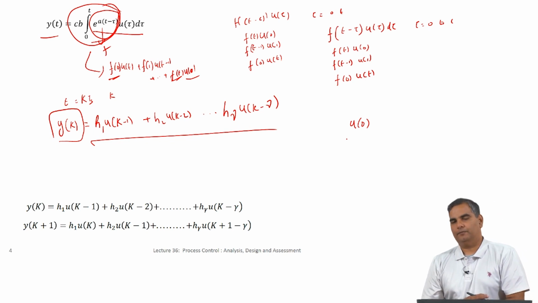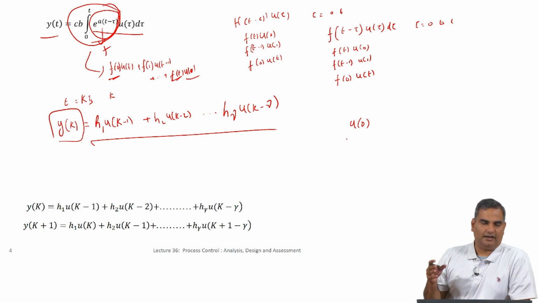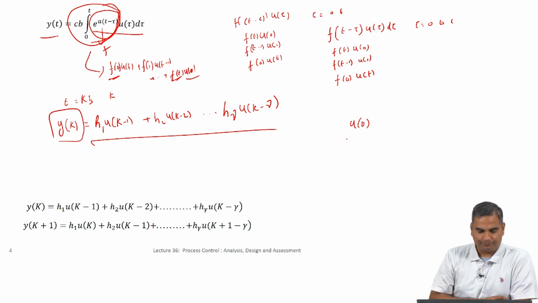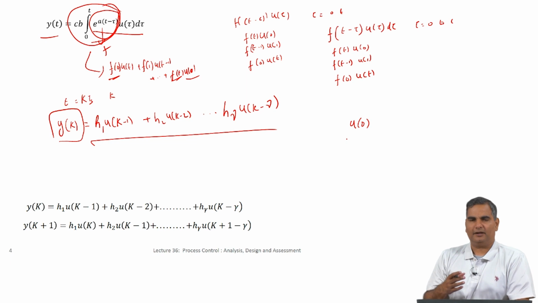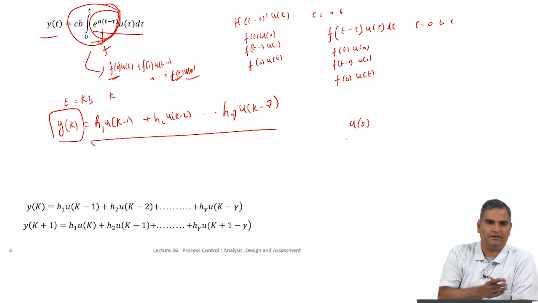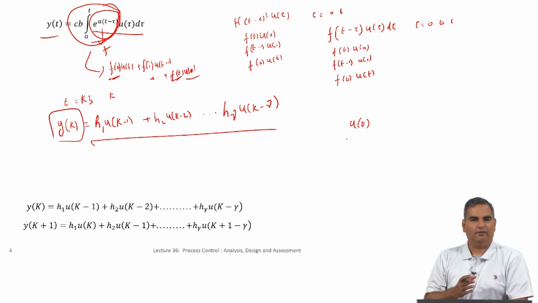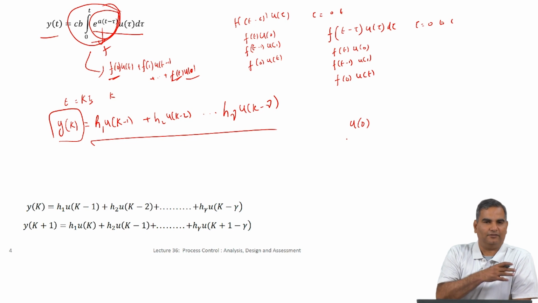So, while I could say what I am today is a collective impact of everything that I have done from the time I was born, typically what I am today is largely dictated by what I have done in some recent past, and before that, whatever happened, that effect would have been minimized.